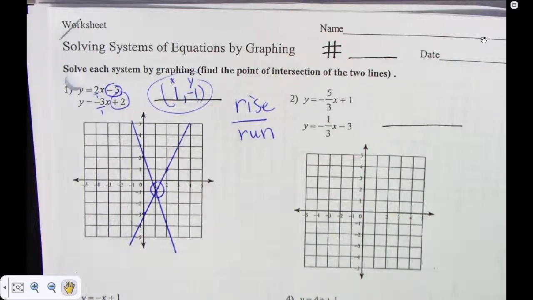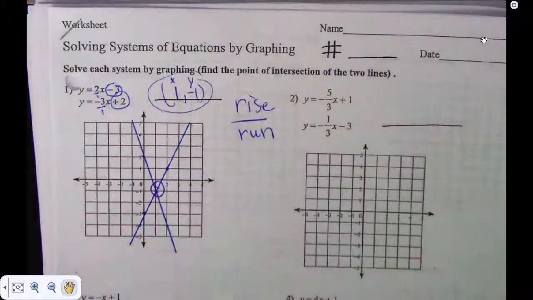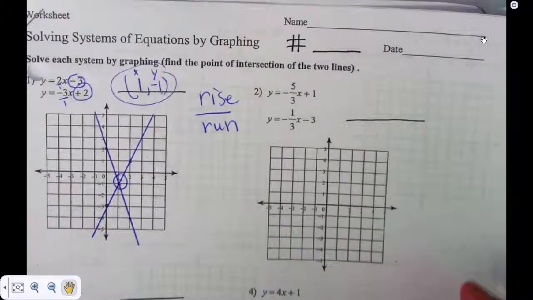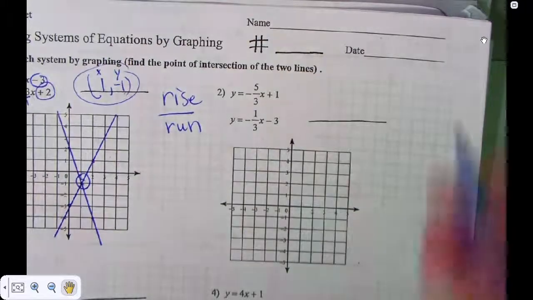Go put that in there. -3 times 2 plus 2. Is that true? No, that's because it's (2, 1). So it's not true. So that is the only point that's going to work for both equations. That's called the solution.